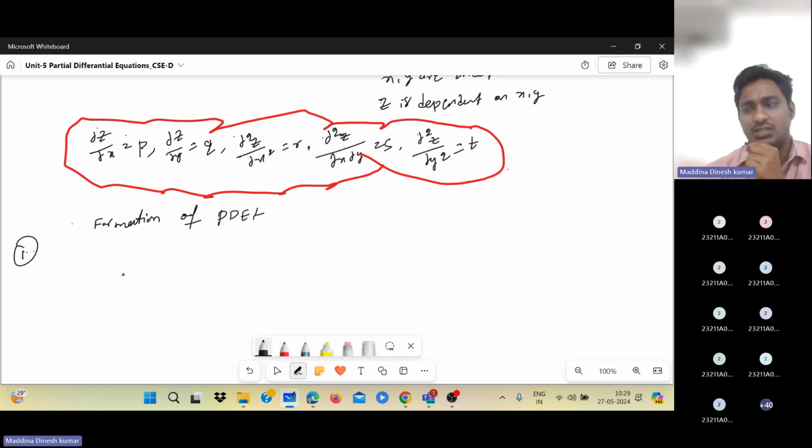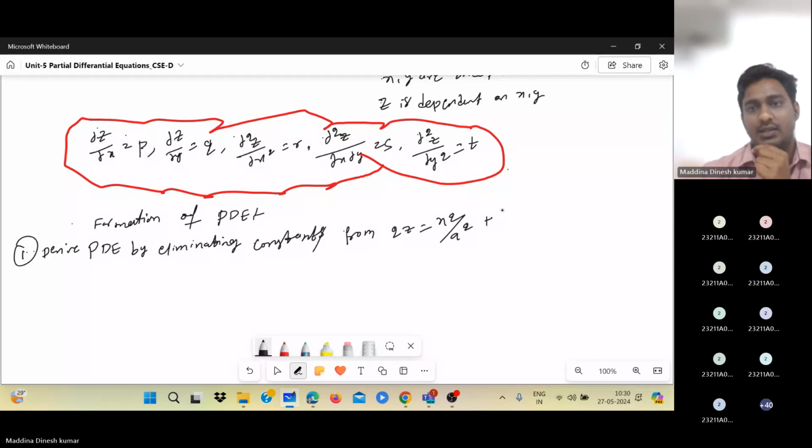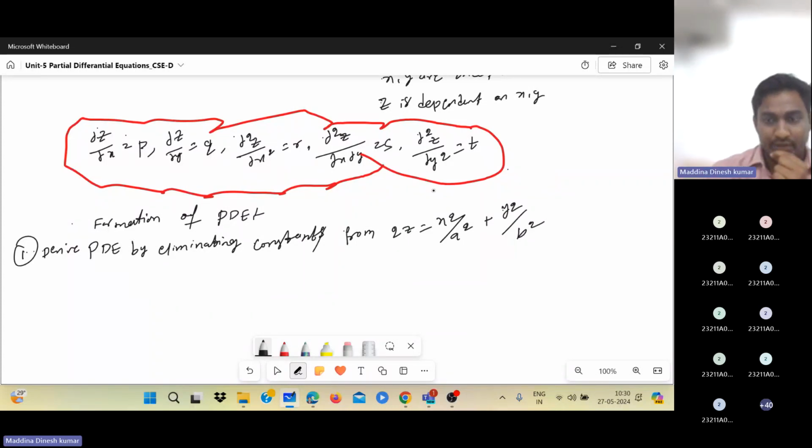This first question is: derive PDE by eliminating constants from 2z equal to x square by a square plus y square by b square.